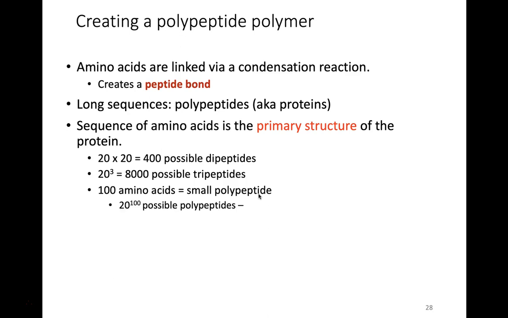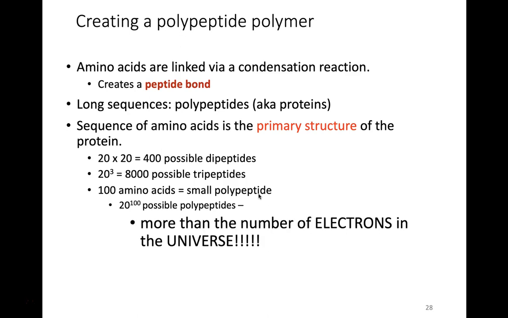But if you did that, it'd be 20 to the 100th power possible polypeptides that are 100 amino acids long. We're not even counting all the ones that are 2 amino acids long, 3, 4, etc. Only 100 amino acid long ones. 20 to the 100th power. That is basically such a giant number that I cannot even write it.